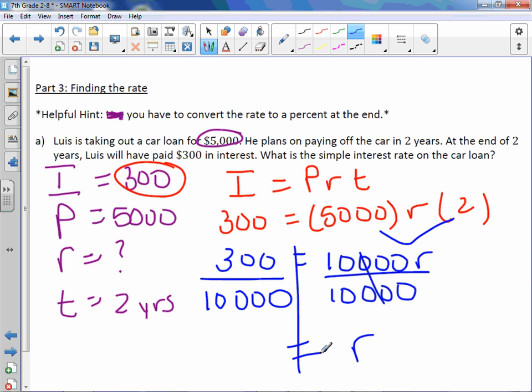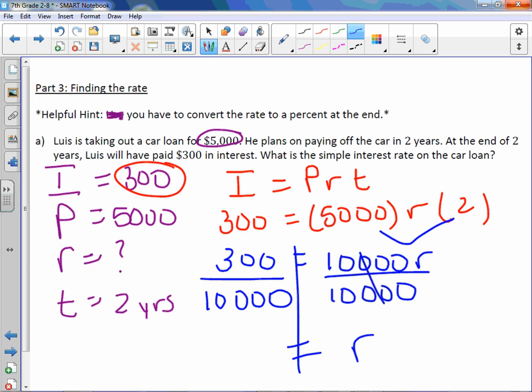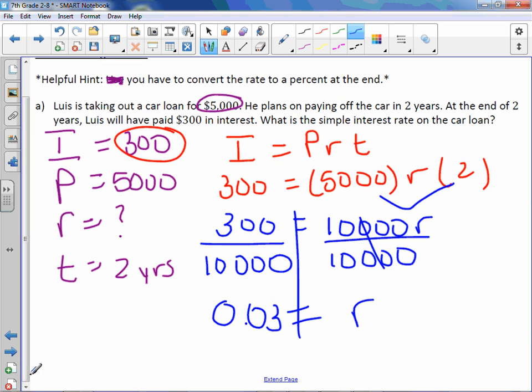And we get 0.03. Now remember, this is the decimal form. I want the percent. To change this to a percent, we move that decimal point 2 to the right and throw a percent sign next to it. So 3% is the rate.